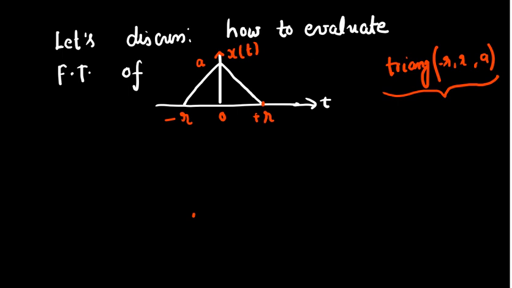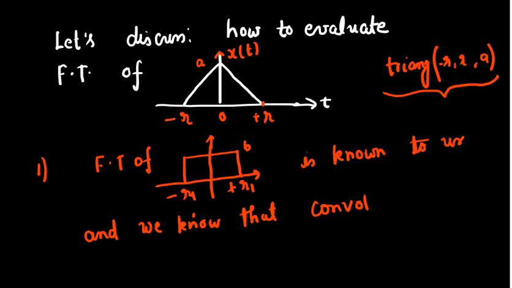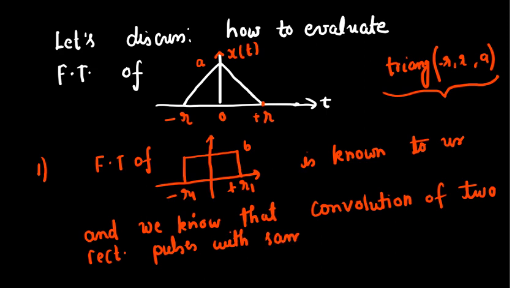For this, we would use a trick. The Fourier transform of rectangular signals of this type is known to us, and we know that the convolution of two rectangular pulses with the same width provides us a triangular pulse.